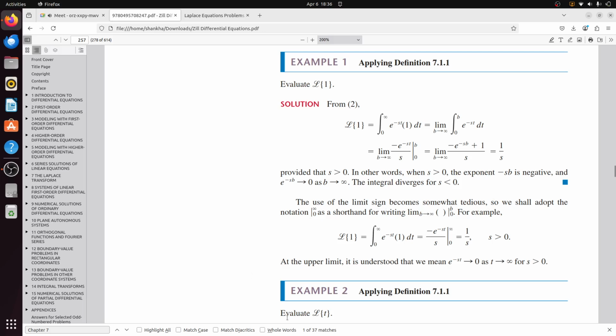Similarly, you can also determine the Laplace transformation of t, which will be 1 by s square. Can you determine the Laplace transformation of the simple function t?